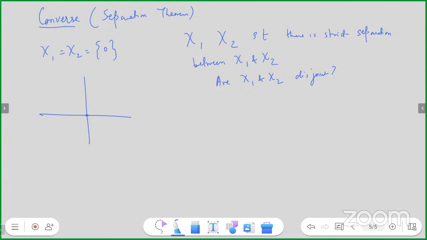Do people see why? Draw pictures. It always helps to draw pictures here. Suppose both of them are closed. What will be difficult to prove? You are saying strict separation is not enough for them to be disjoint. I don't have a conclusive proof. What I'm saying is, if you add an additional condition, it becomes easy.